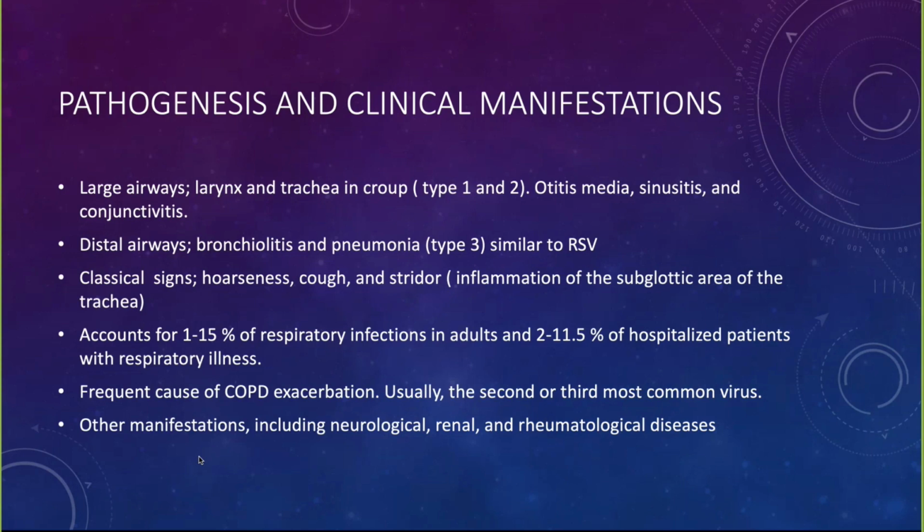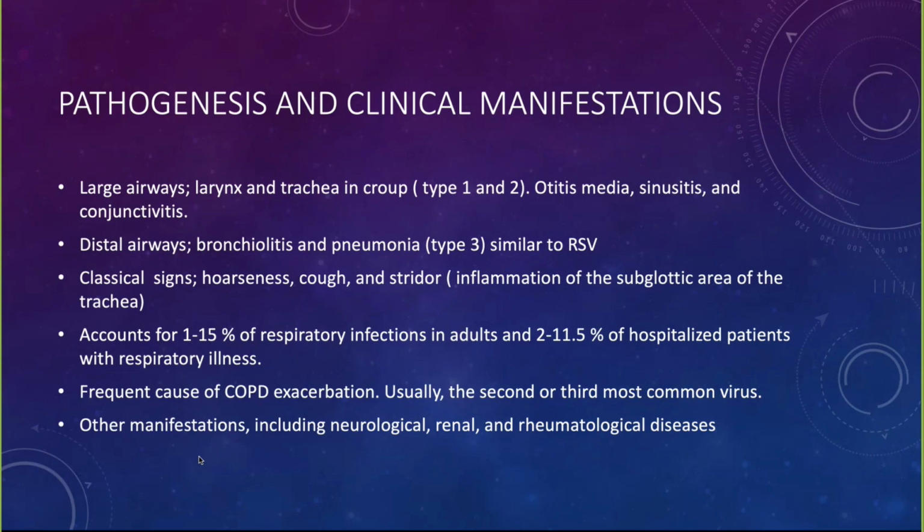Parainfluenza virus accounts for 1 to 15% of respiratory infections in adults, and 2 to 11.5% of hospitalizations from respiratory viruses in adult patients, and that's more in elderly patients who are in nursing homes.